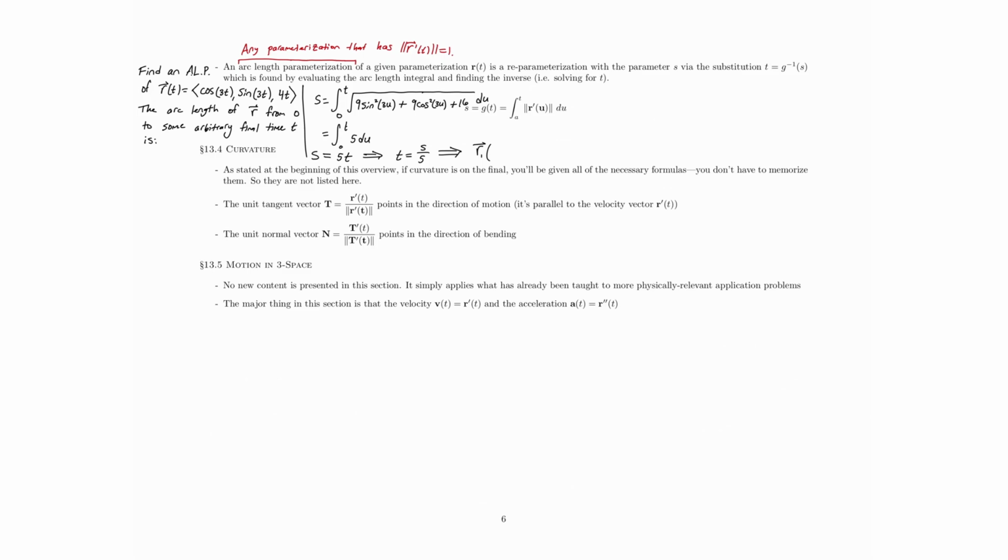We'll use the subscript of 1 to denote that the speed is 1 unit per time. So this would be r1 of s. And this would be cosine 3s over 5, comma, sine of 3s over 5, comma, 4s over 5. And that is an arc length parameterization.